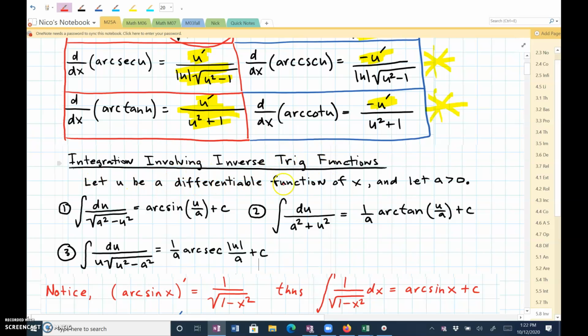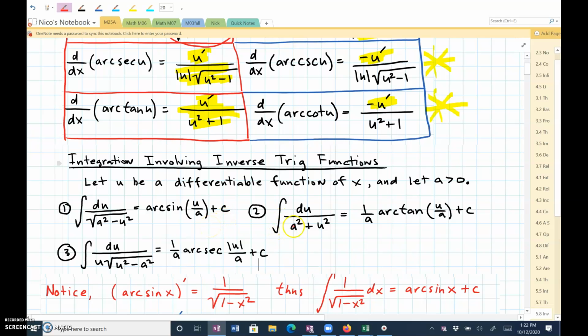Let u be a differentiable function of x, and let a be some constant greater than 0. So for number 1, if we have the integral of du all over the square root of some constant squared minus u squared, that's going to be equal to arc sine of u over a plus c.